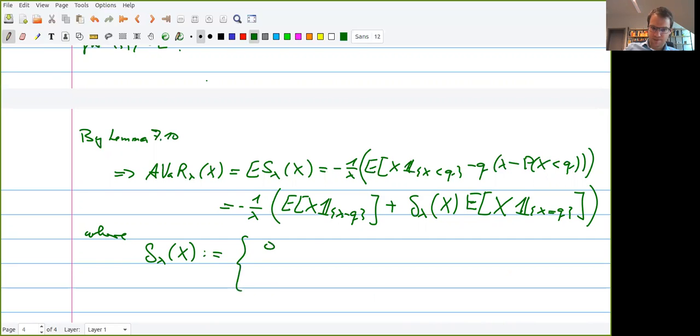Well, it's 0 if the probability of x being equal to q is equal to 0. Right, then this term is 0 anyway. And otherwise, this is just lambda minus the probability of x being strictly less than q, divided by the probability of x being equal to q, otherwise.